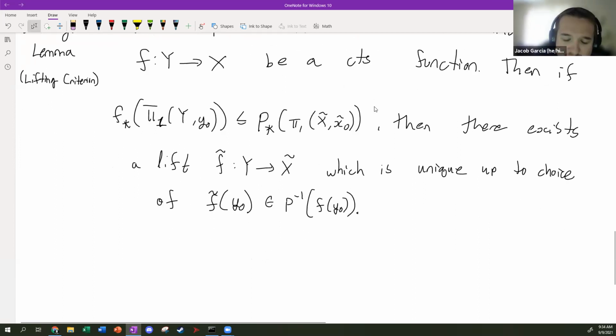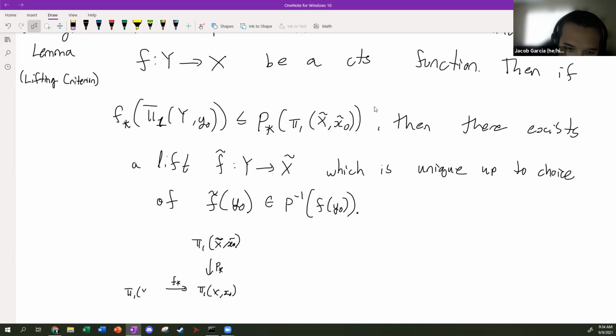So writing the diagram, I have that the fundamental group of x tilde, x naught goes down via p star into pi 1 of x comma x naught, and then this goes via f star from pi 1 of y comma y naught.